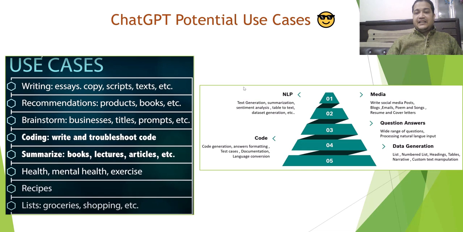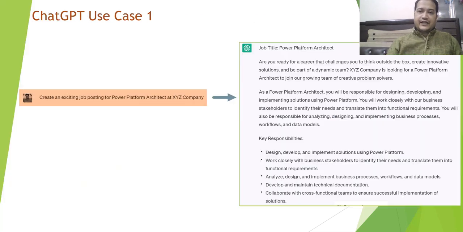This could be a minimum list, but these are some of the use cases which I like: writing essays, recommendations, brainstorming, and specifically coding, writing and troubleshooting code. It can look at a piece of code you have written and improvise or optimize that code for you. So these are some of the capabilities or use cases of ChatGPT.